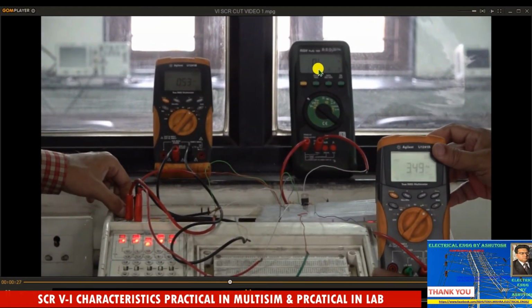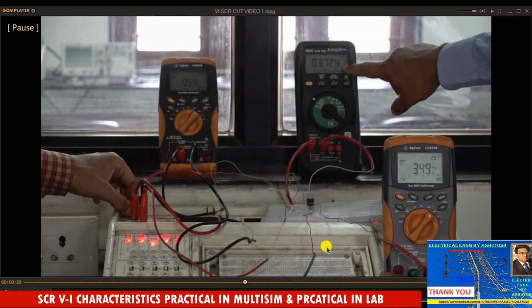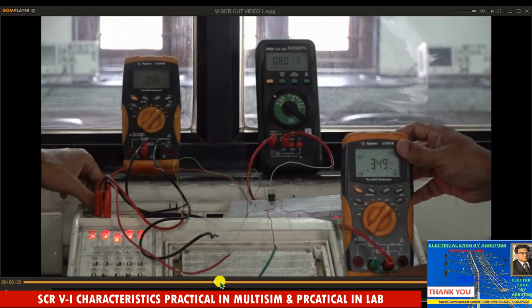When you keep the gate current at a constant value of 3.5 and increase the anode to cathode voltage, suddenly a point comes where the anode to cathode voltage becomes very small, approximately 0.7 volt, and that is the condition of turning on the SCR.